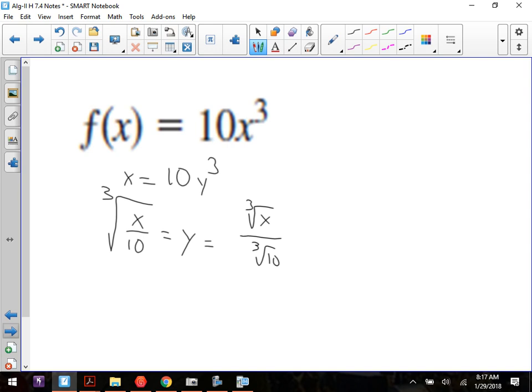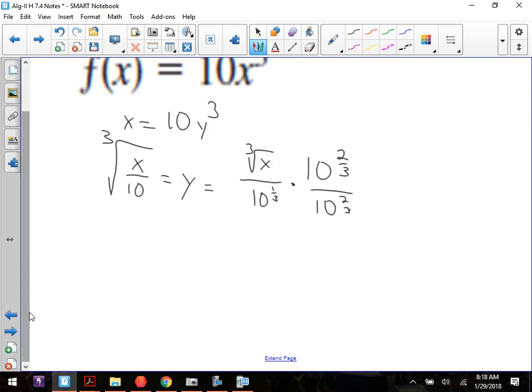So if I rewrite that denominator real quick as 10 to the third, how many more thirds does it need? It needs 2 more thirds. Okay. Which gives me 10 in the denominator.